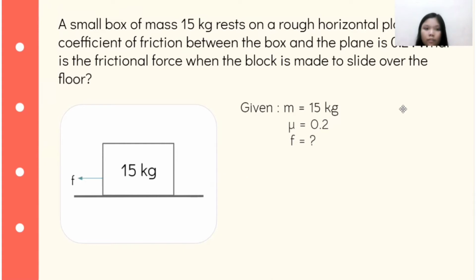The frictional force is going to the left. The normal force is always 90 degrees from the surface.